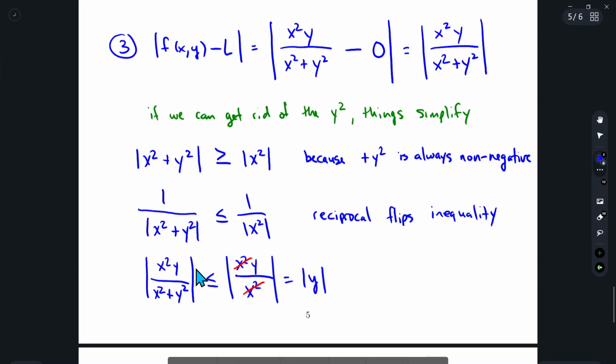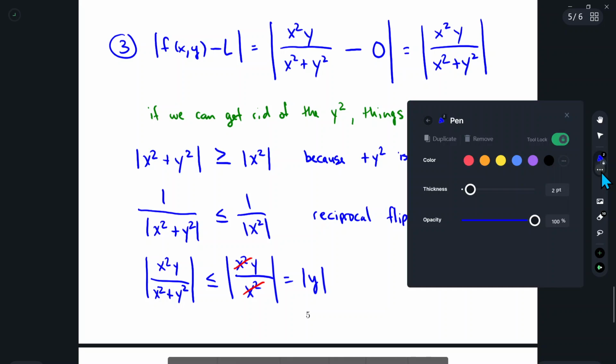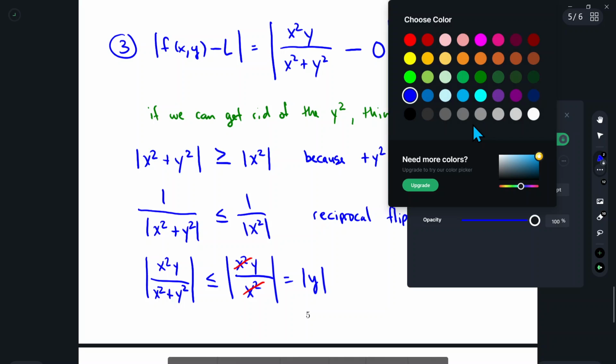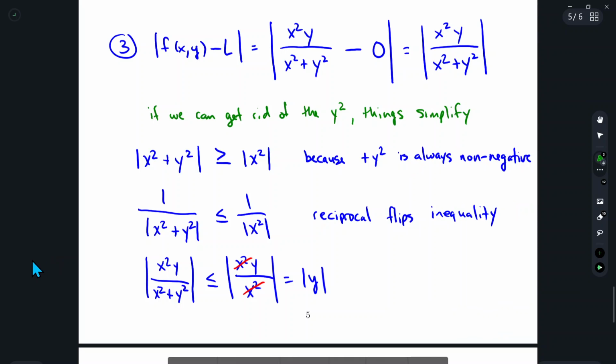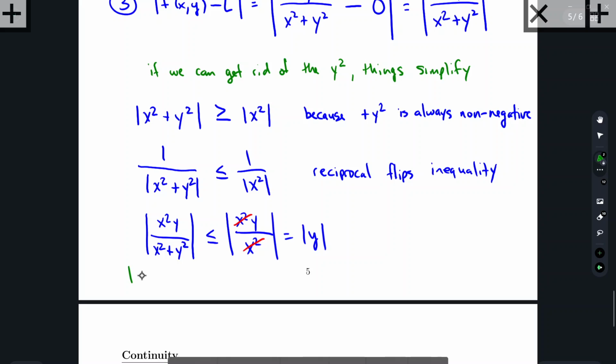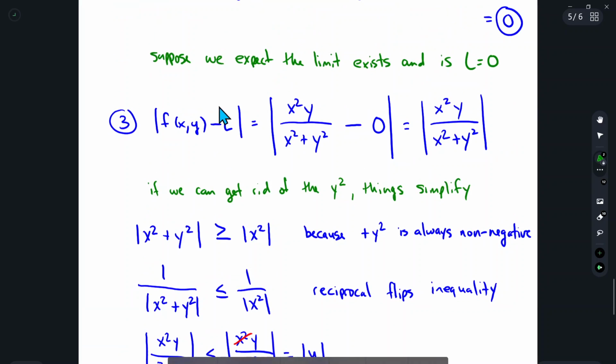And okay, so again, let me make a notation here. We're still following the outline for theorem 2.1, right? So this expression here was the f of x y minus L, right? That's exactly what we wrote down here.